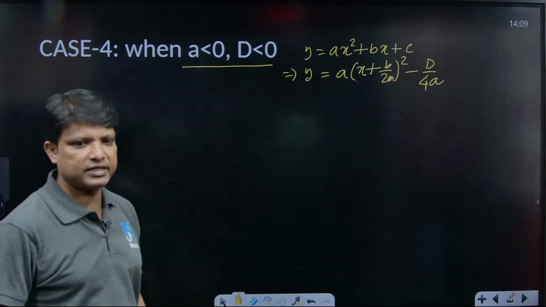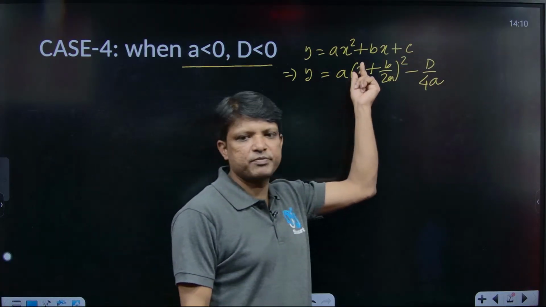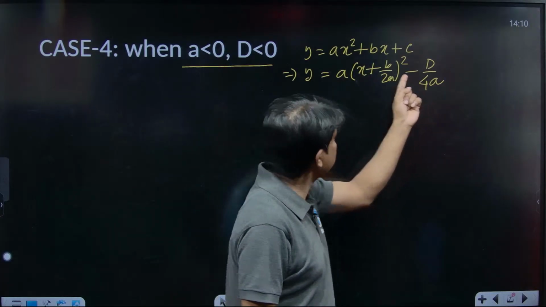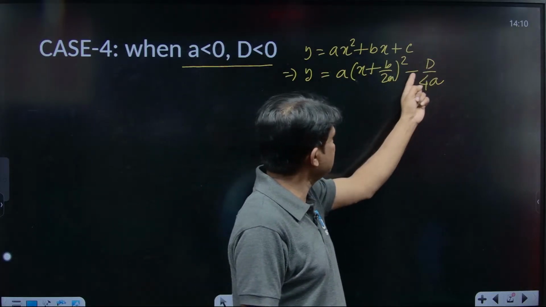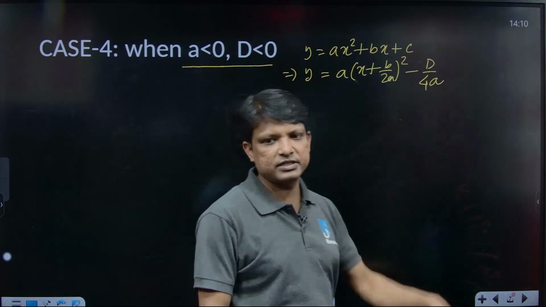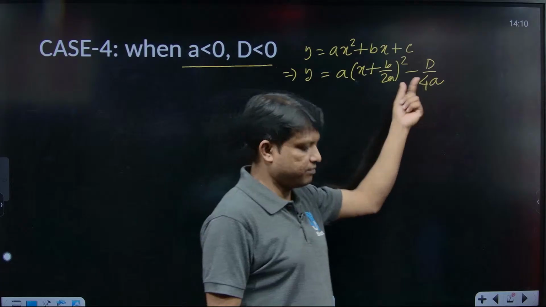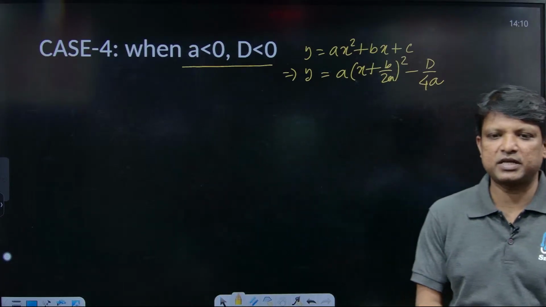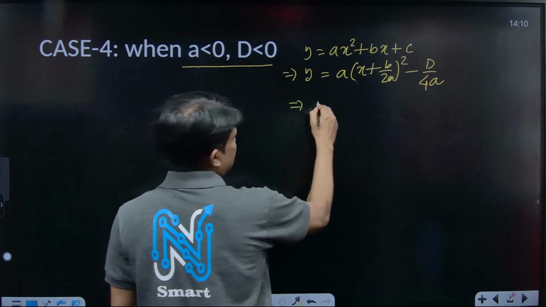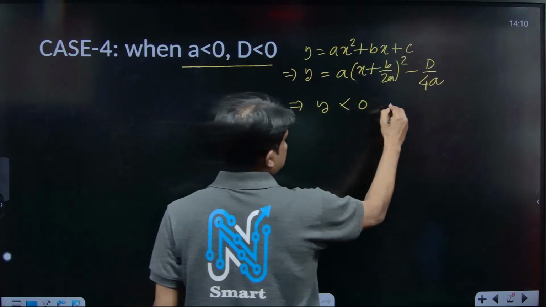When a is negative, the first term is negative because negative into a perfect square quantity. Now minus D is also negative, so minus D into minus is positive, but a is negative, so both terms are negative. That means y is strictly negative for all real values of x.